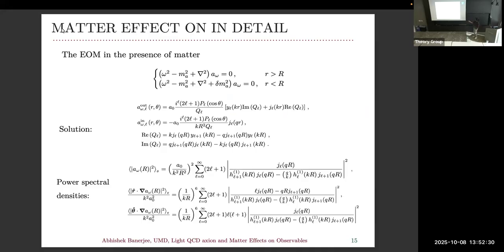So this is the equation of motion that we need to solve. When small r is greater than capital R, meaning outside of my dense object, I have no potential. For r less than R, I have some potential, delta m squared, right? Mass change. And I wrote the field in terms of omega, which is the energy. It's a radially symmetric potential, so we write it in terms of Y_lm, or in this case, m is trivial.